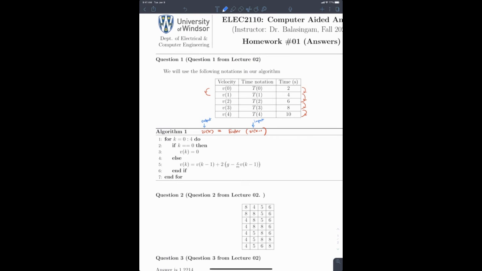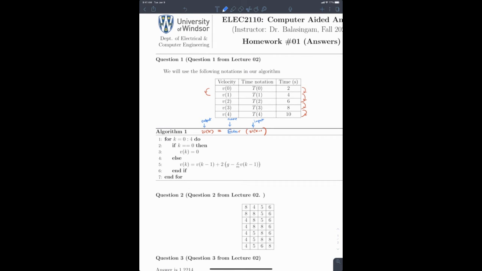So it is like a system: you give the input vk minus 1, and the algorithm gives the next estimate vk. That's the name of the algorithm, EULER.